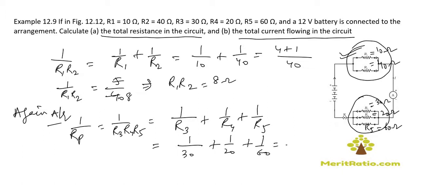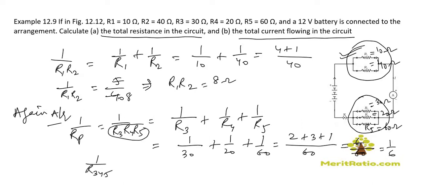This has become, with 60 as the common denominator, 2 plus 3 plus 1, so 6 upon 60. Further, as you calculate, it is giving 1 upon 10. So the value of 1 upon R345 we can write as 1 upon 10. This means that R345 is equal to 10 ohm.